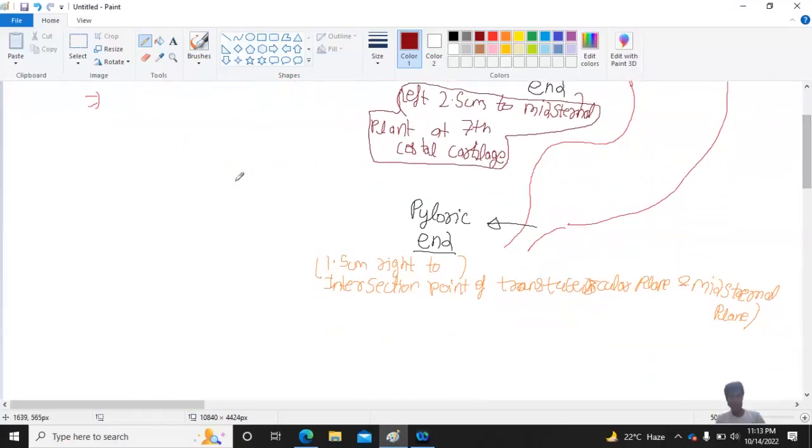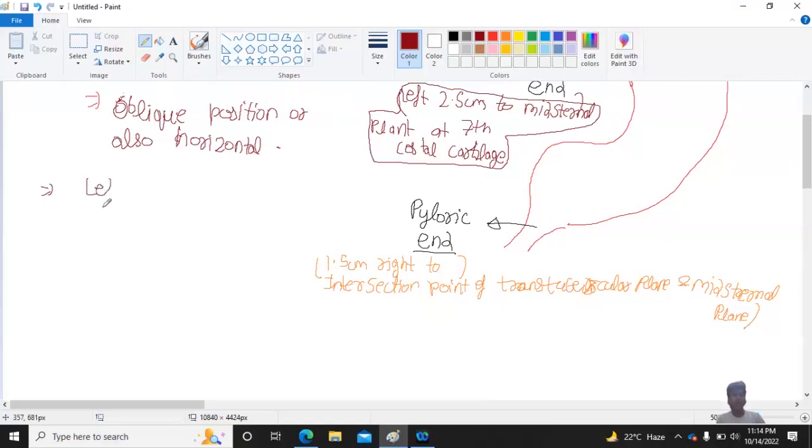In humans it is sometimes horizontal or sometimes oblique. It is present in an oblique position or also horizontal. Then in which segments is it present?